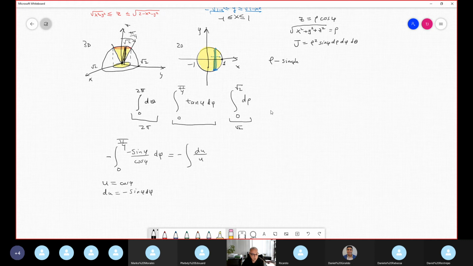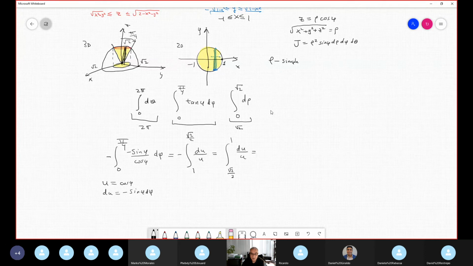And what about the limits? Well, when phi is 0, cosine 0 is 1. When phi is pi over 4, cosine pi over 4 is radical 2 over 2. This situation always happens when the lower limit is larger than the upper limit and you have a minus here: you interchange. The integral from radical 2 over 2 to 1 of du over u.